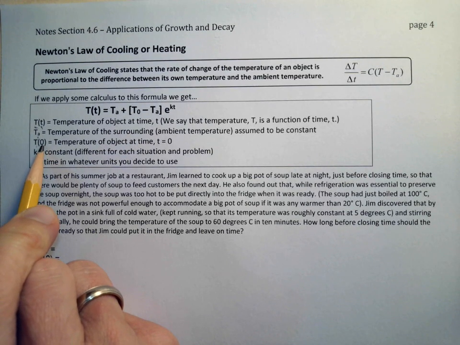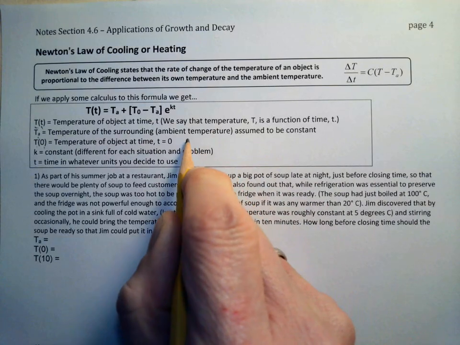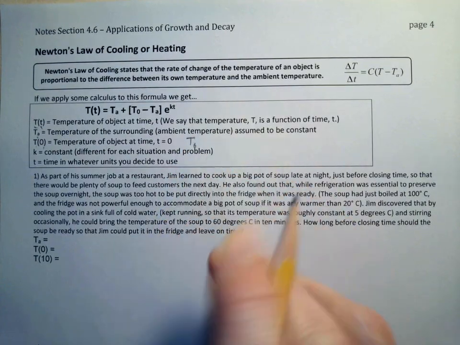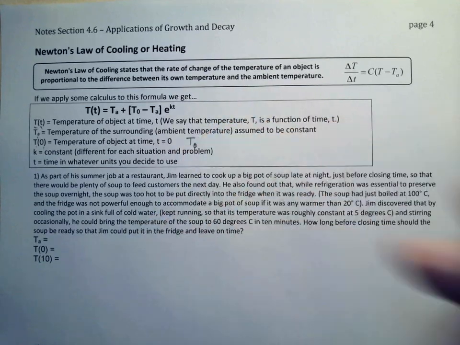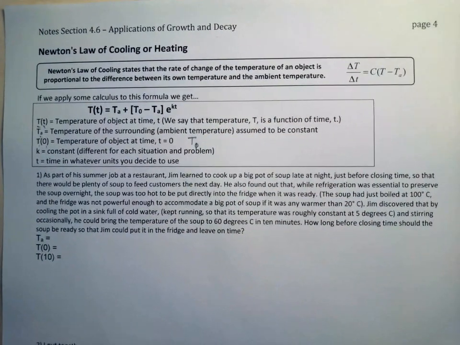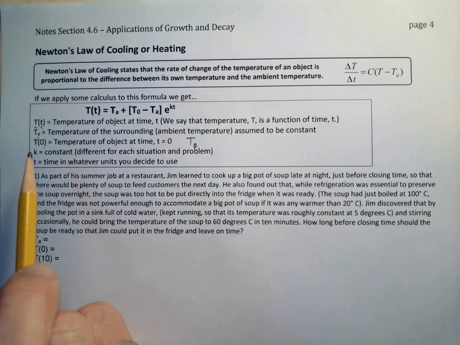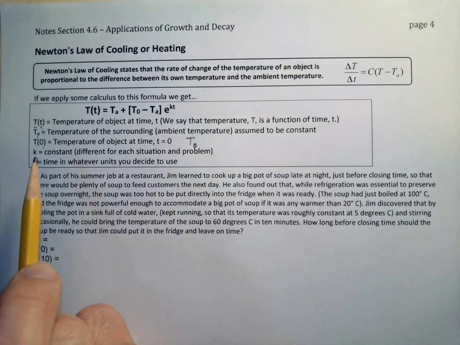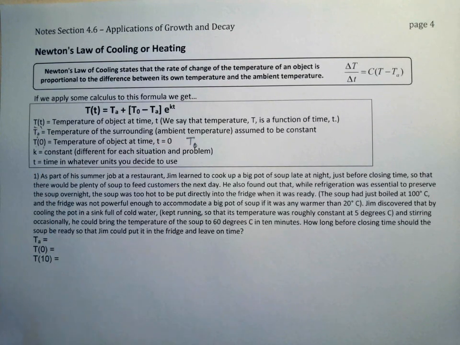T of 0, or we don't really write it as T of 0, what we'll write is T with a subscript of 0. That'll be the initial temperature, okay, at time 0, whatever the time frame is at time 0. K will be the constant, and t will be the time.